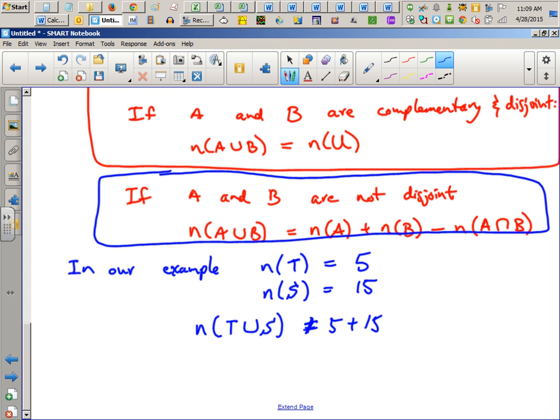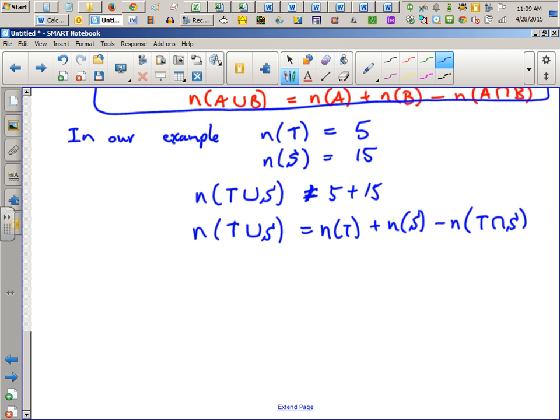Okay, so actually the number is 16 because the correct way to do this is to take the number in set T, which is 5, the number in set S, which is 15, and subtract off the number in both sets. So the correct equation is this: 5 plus 15 minus 4.